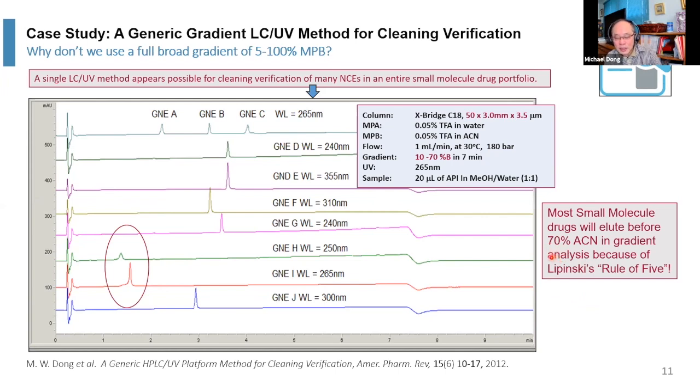So when we do HPLC, we don't go from 0 to 100%. You can purge a column to 100%, but your assay is 5% to 60 or 70% acetonitrile, because most drugs would elute before that. If it eluted at 100%, it would not be a good oral drug.